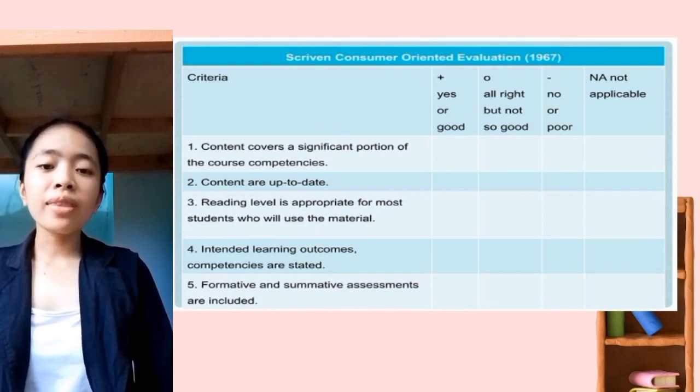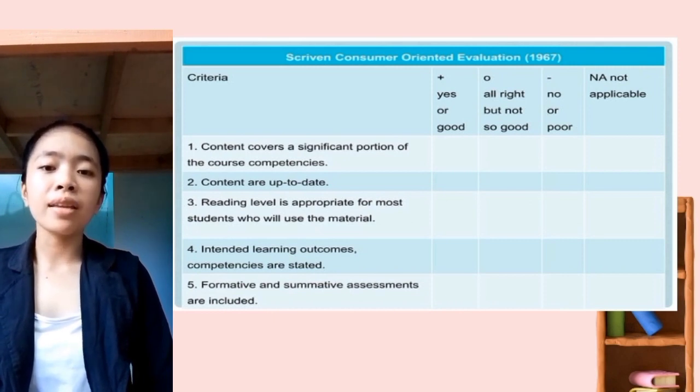First, content covers a significant portion of course competencies. Second, contents are up to date. Third, reading level is appropriate for most students who will use the material. Fourth, intended learning outcomes and competencies are stated.